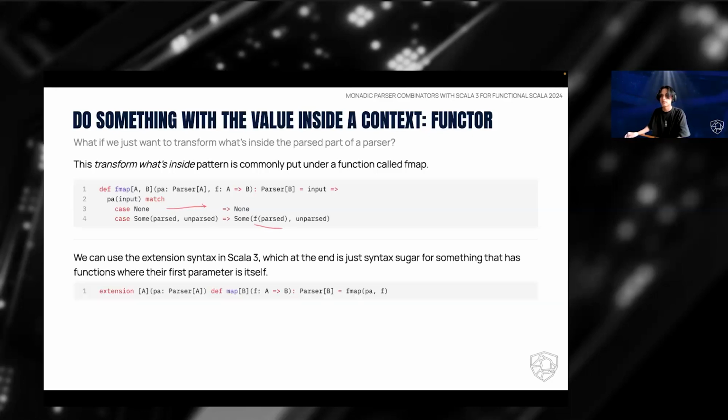It is cumbersome to pass our parser as a first parameter, especially in Scala. So we are going to create a new extension method, which is a syntax extension method for Scala 3, which is just syntactic sugar for receiving something as the first parameter. This time, we are just going to invoke the fmap function we already did.